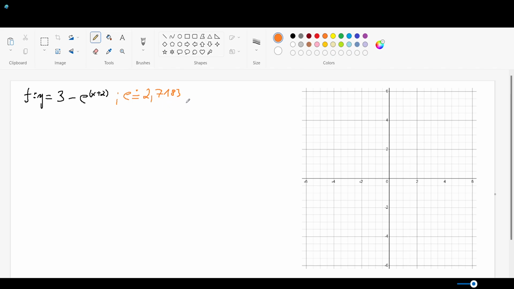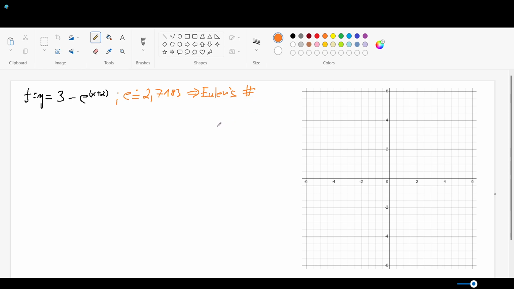And it is an irrational number, so it goes on and on forever without repeating any decimals. This number has a special name, and it's called Euler's number.